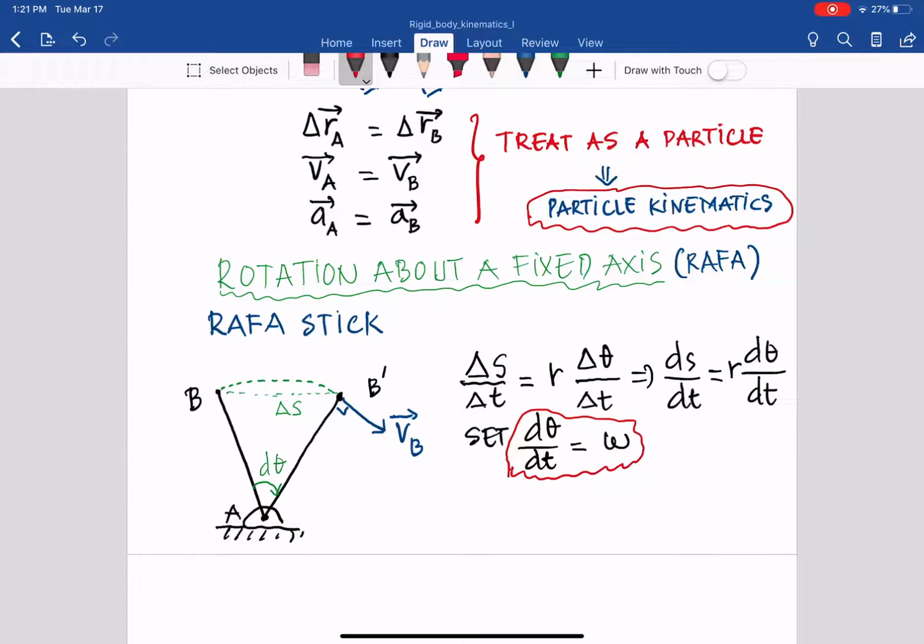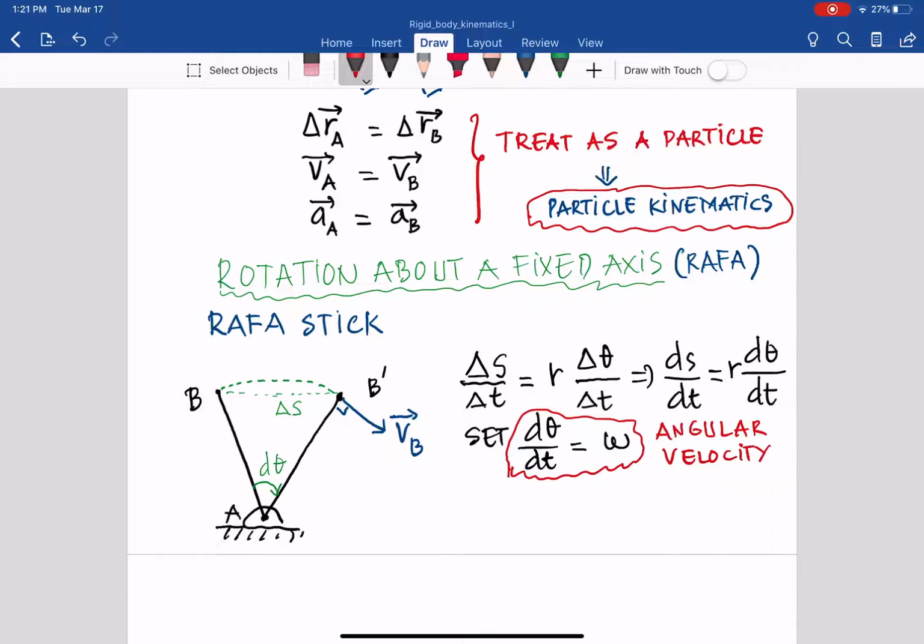So the change in the angle over time, the first derivative of the angle with regard to time, the angle the body rotates about, we call it omega. And this omega, if you recall from physics, is the angular velocity.